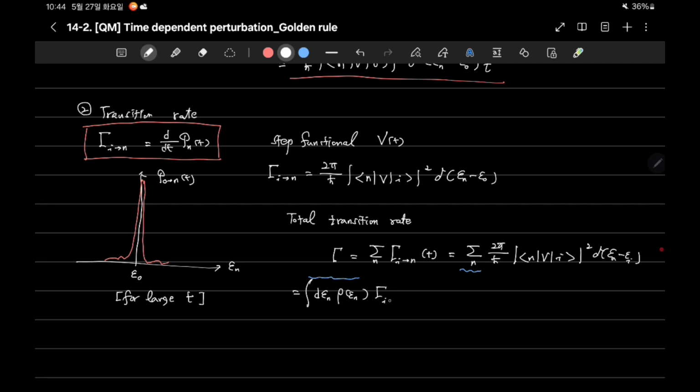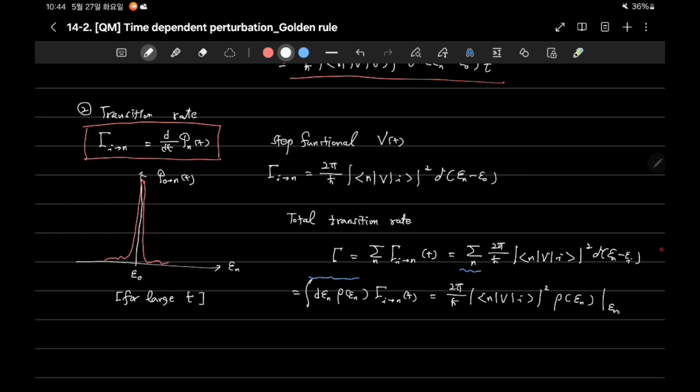So gamma i to n. Then the integration of the delta function makes 2 pi over h bar |n V i|^2, and the delta function integrates over all of the energy space epsilon n.